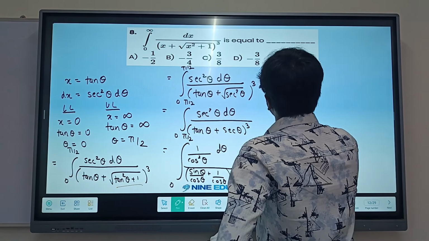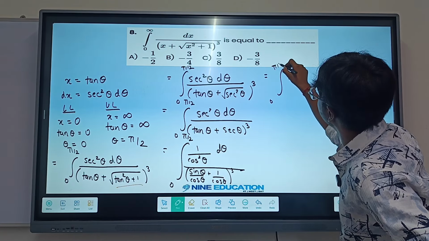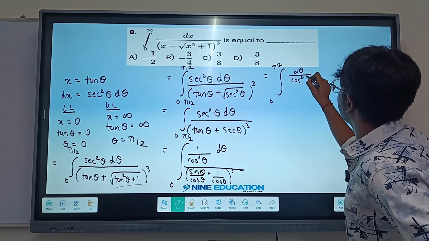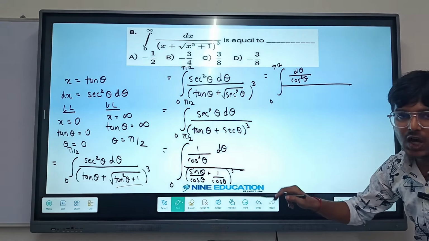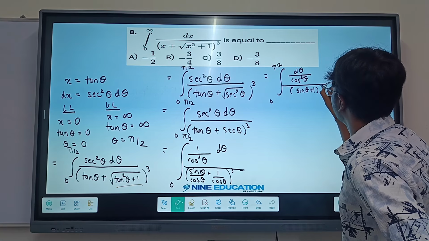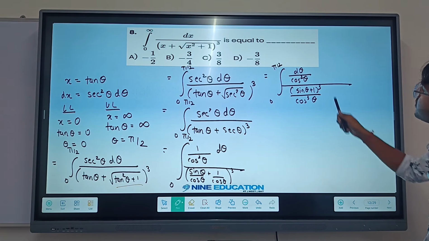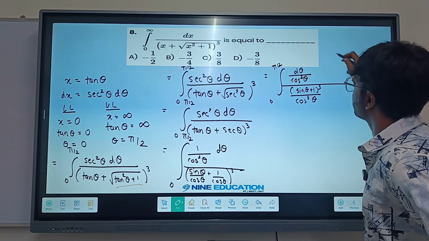I can take that cos common from the denominator. So integration 0 to pi by 2 d theta divided by cos square theta, whole divided by sin theta plus 1 whole cube divided by cos cube theta. Cos square theta and cube will get cancelled and this cos will go up.